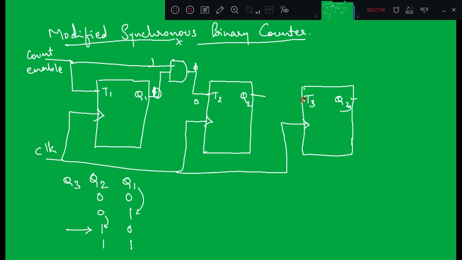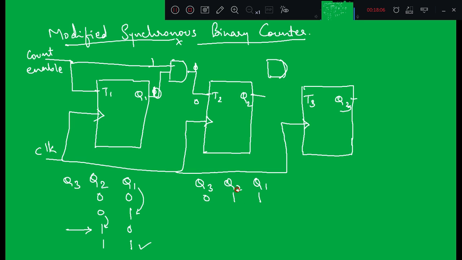So what I can do here, I will again use an AND gate, but in this case the number of inputs for the AND gate will not increase, they are going to remain constant. How can I make Q3 equal to 1 now? Just think after this state. Let me write the last state of the flip-flops, that is 0 1 1, right? This state I wrote here with one more additional output.